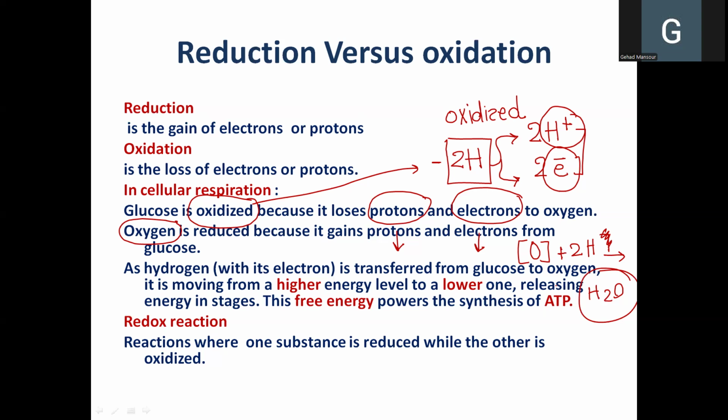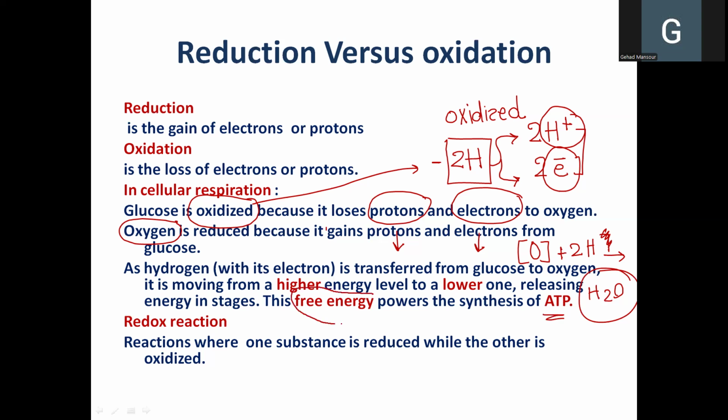And the difference of energy is released, and this energy is not dissipated to the environment, but most of it is stored in ATP. So free energy is released, and this free energy will empower the synthesis of ATP.